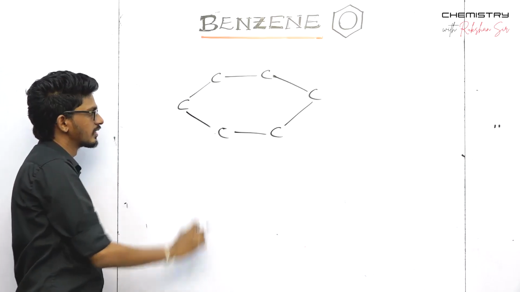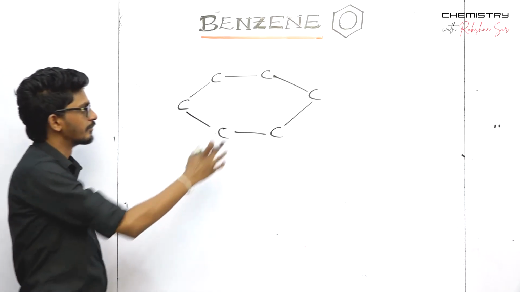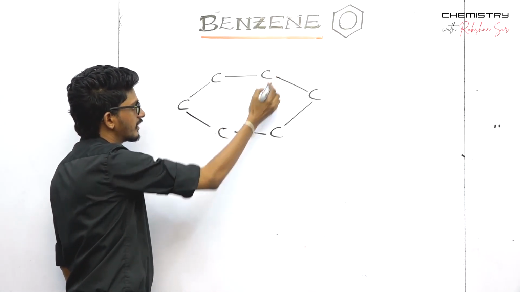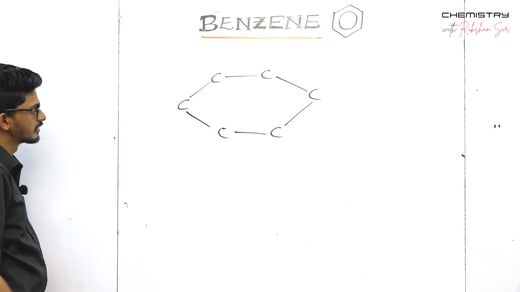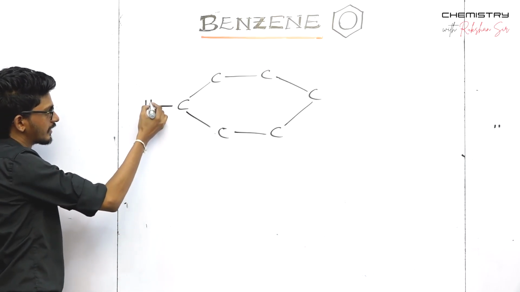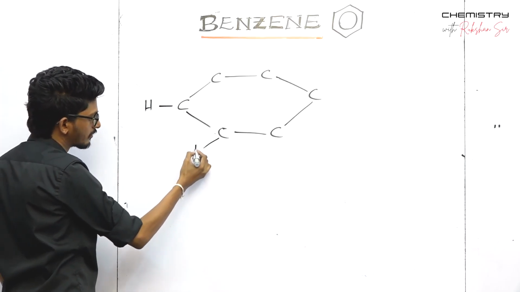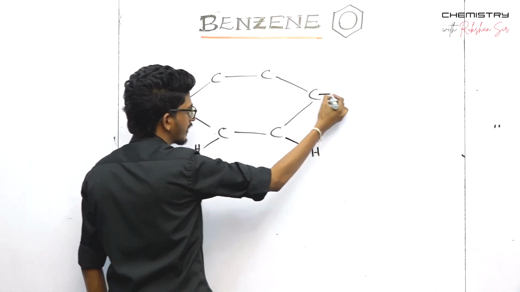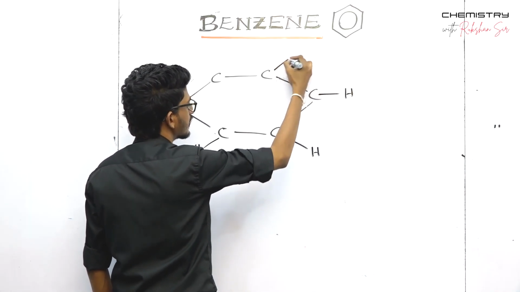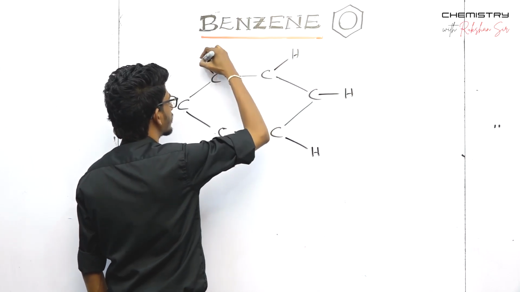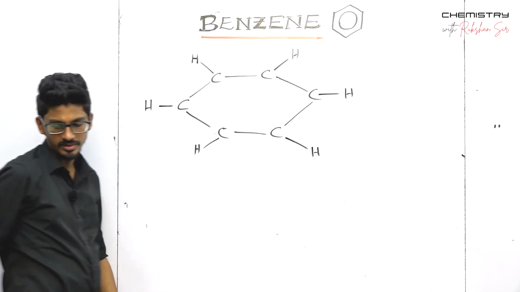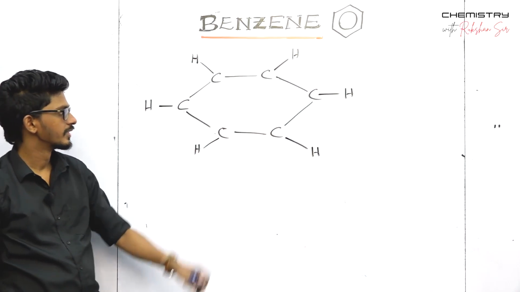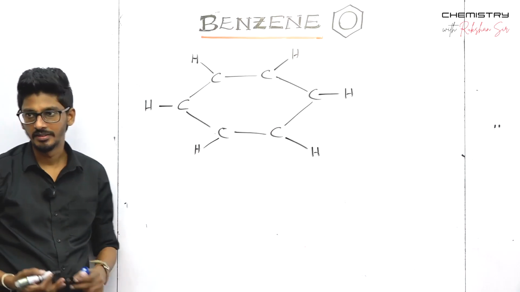Even the 6 hydrogens, all the atoms of the benzene appear in one single plane. Remember that. This is kind of special stuff with the benzene.